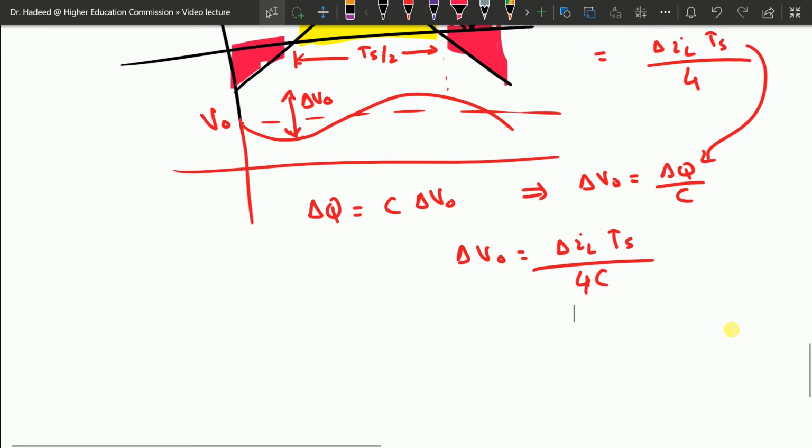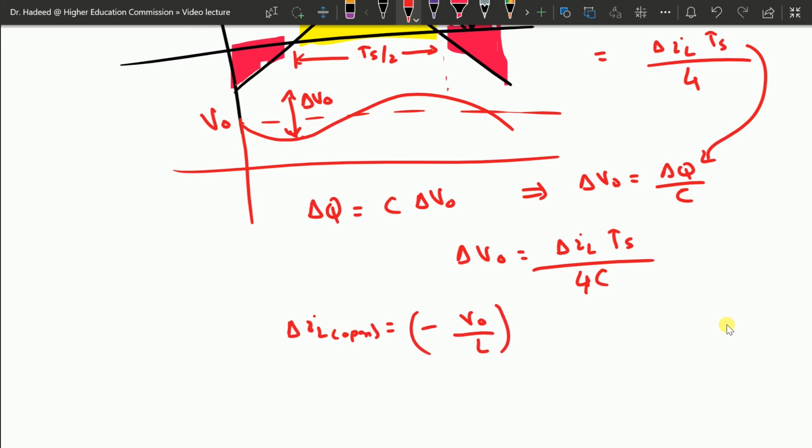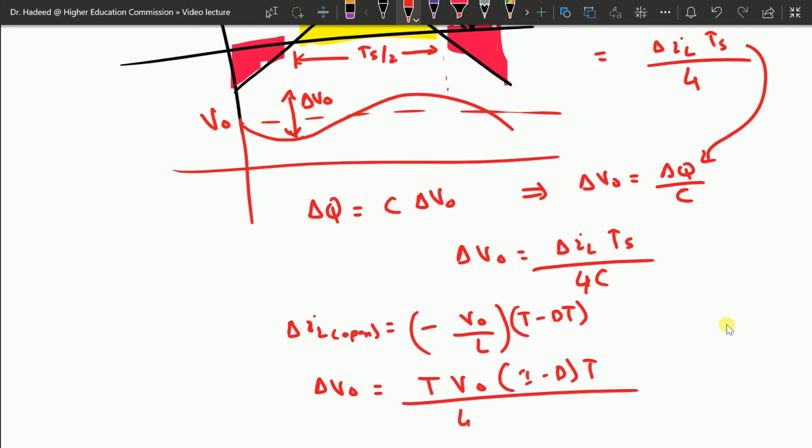So with this in mind, we also know that delta IL open is equal to minus V naught over L into T minus dT, and therefore delta V naught is equal to Ts V naught (1 minus d) divided by 4CL.